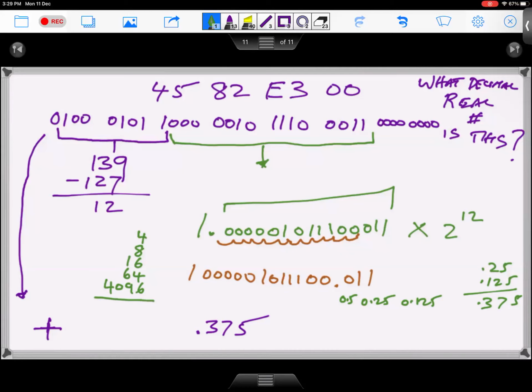Add it up. 6 and 4 is 10. So that comes out to 28. 6 and 1 is 7 and 2 is 9. Twice 9 is 18. So that comes out to 4,188. People, that's your lucky number.